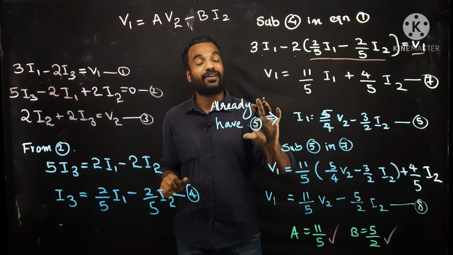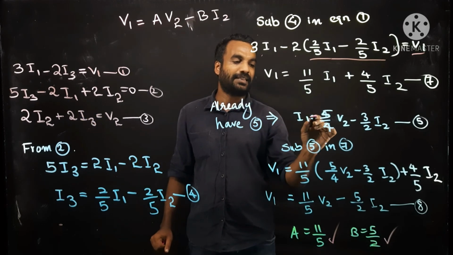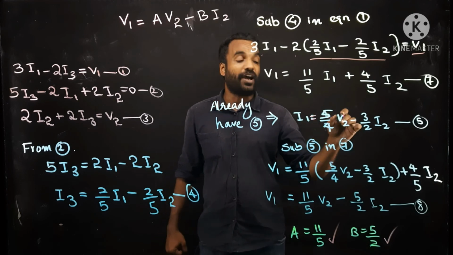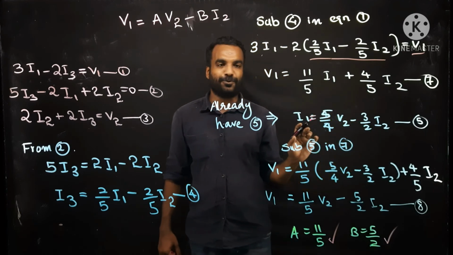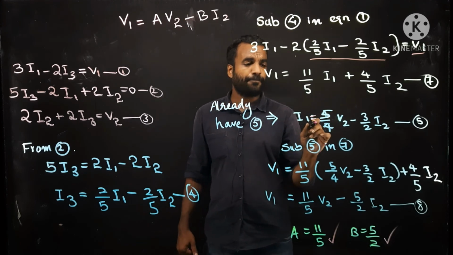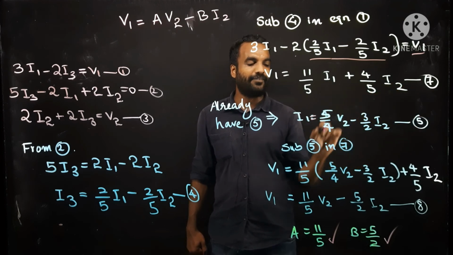So I am having one equation in the previous slide. That was equation number 5. That was the standard equation for finding C and D. I1 is equal to 5 by 4 V2 minus 3 by 2 I2. All know this equation. We obtained this equation in the previous board. So, I am going to substitute this equation number 5 in 7.